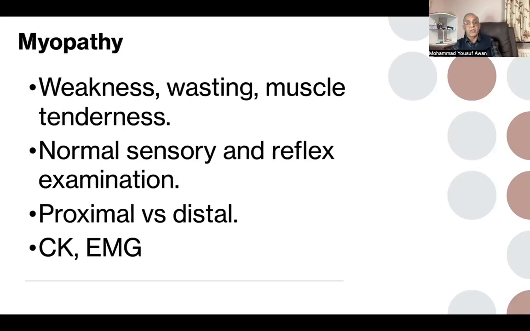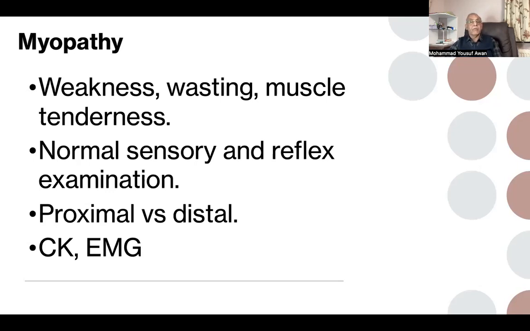The classical features are weakness, wasting, muscle tenderness, and a normal sensory and reflex examination. The proximal muscle weakness will result in difficulty combing the hair, difficulty with proximal muscle movements, and in the lower limb, difficulty getting up from the chair and standing from the squatting position.